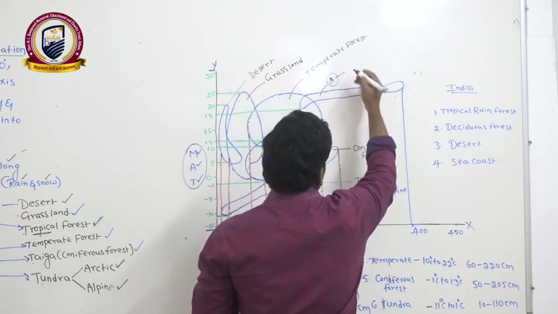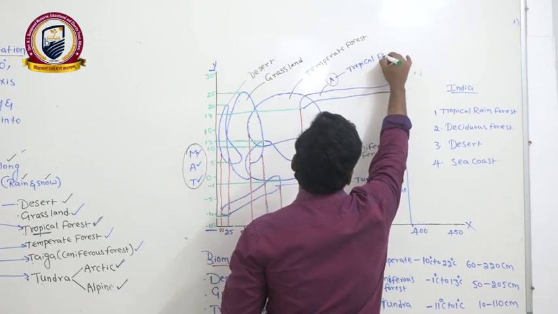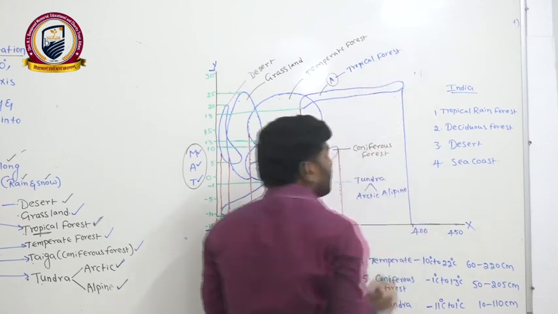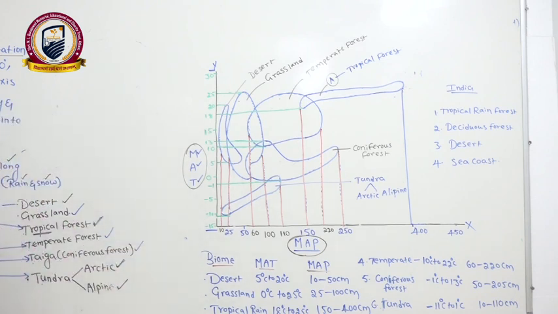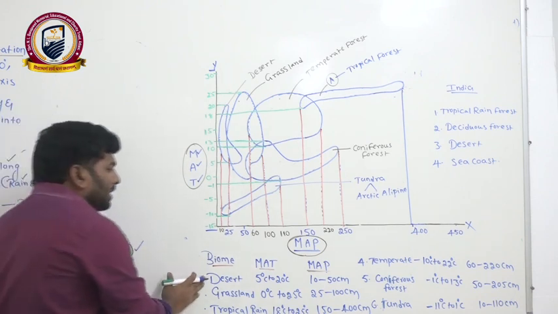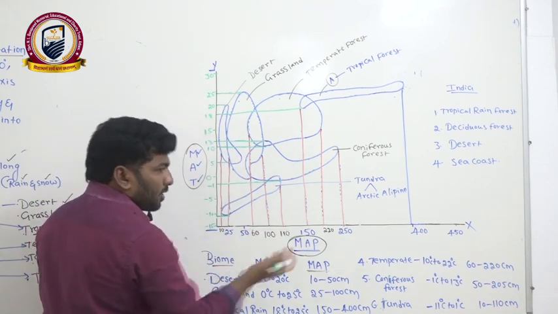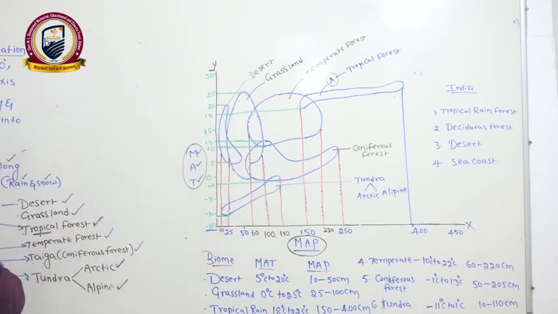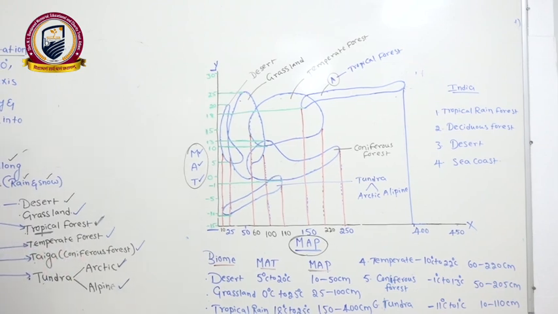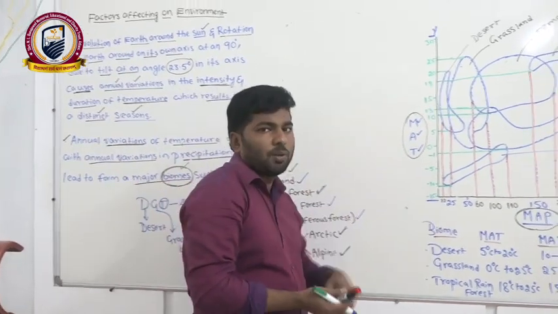The answer is the tropical forest biome. Questions may arise from this concept like that. Sometimes they will ask what is the mean annual temperature of the tropical forest biome, or what is the mean annual precipitation of the tropical biome. They may ask in different ways, so there are chances of getting questions from this. We will discuss that one by one.